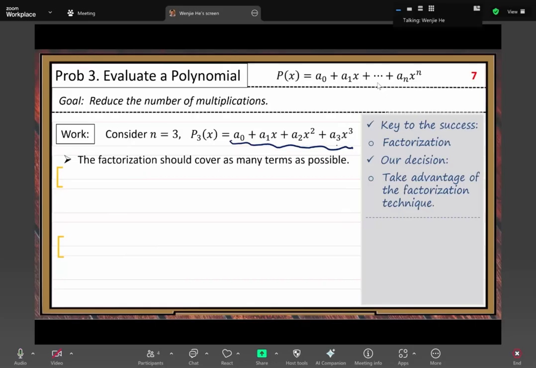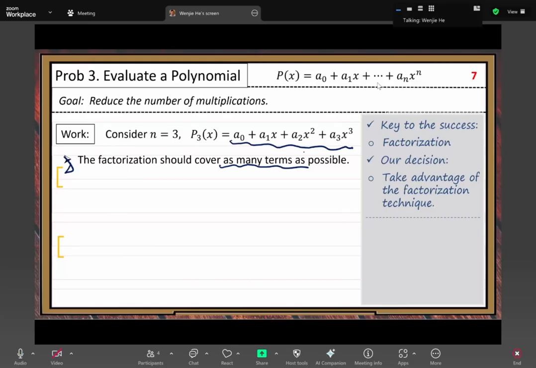Yeah, look at this sentence. Right way. The factorization should cover as many terms as possible. Okay, cover as many as possible. Yeah. First, you try to cover all 4 terms. You failed, right? Yeah, we failed. So now we reduce.